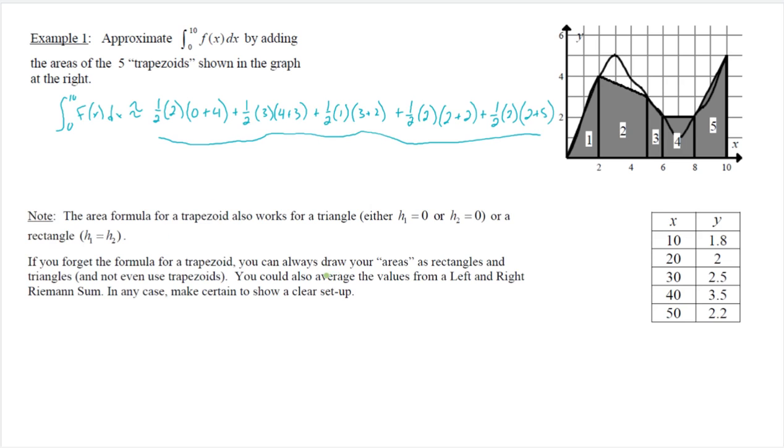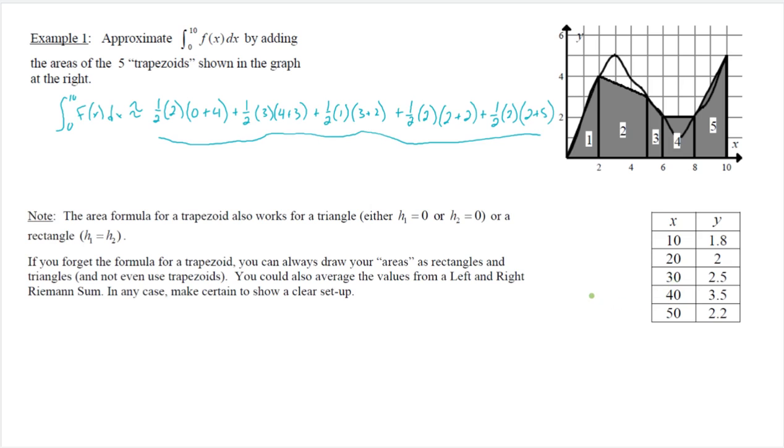If we were to take a look and do this same graph, or a similar graph, but all we were given was a table. If you notice each of these units here, we've got from 10 to 20, 20 to 30, 30 to 40. You notice that the width on all of these is going to be 10.